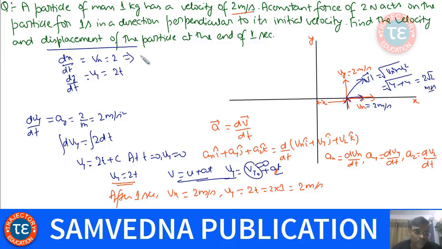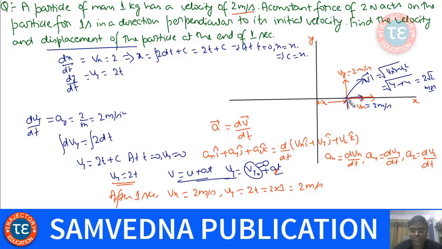So if you integrate it, what do you have? x equals integral of 2 dt plus some constant. So it is 2t plus some constant. And suppose the value of x is x naught at t equal to 0. We started from here. So at t equal to 0, x is x naught. So that gives you what?